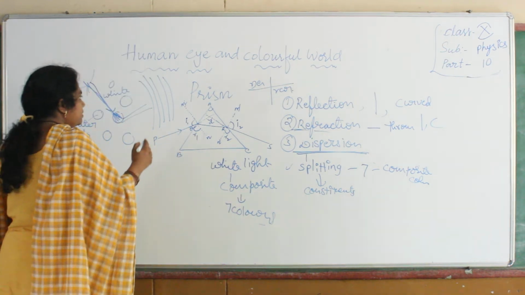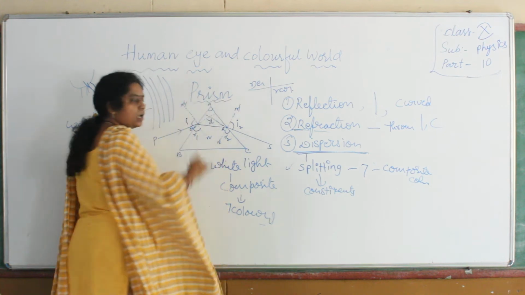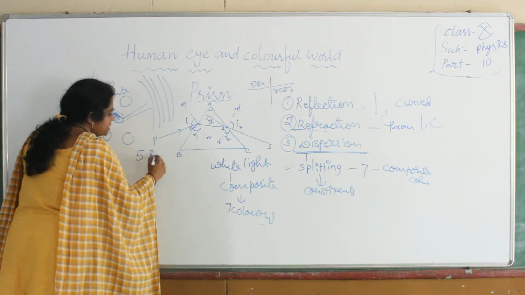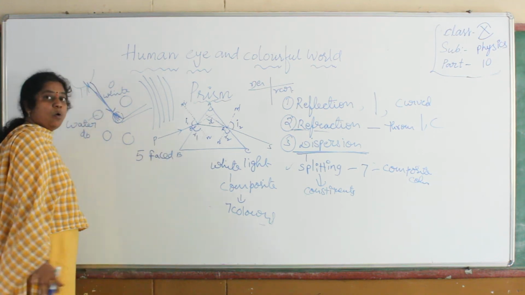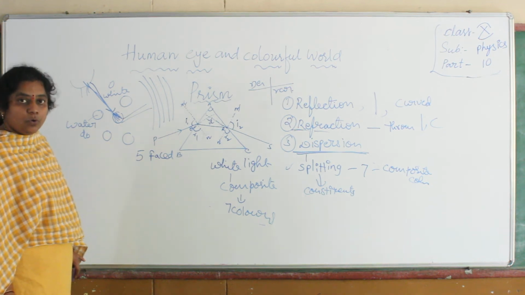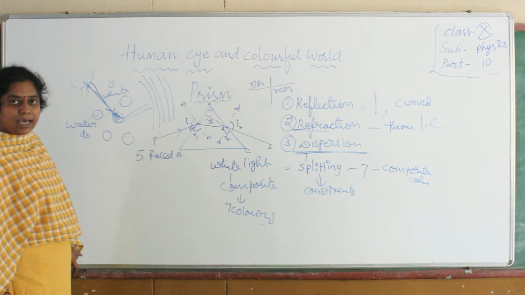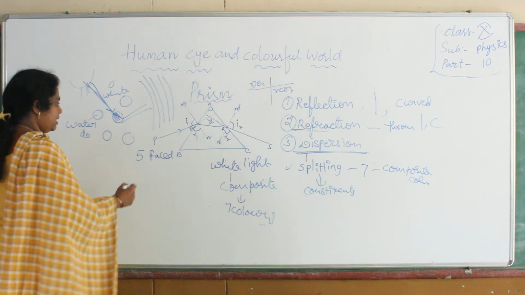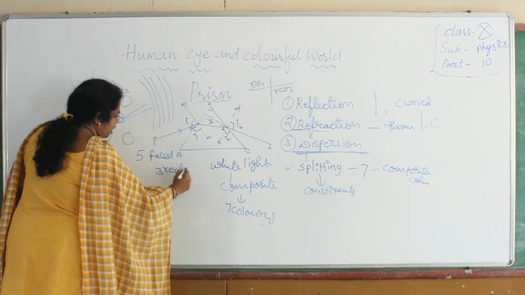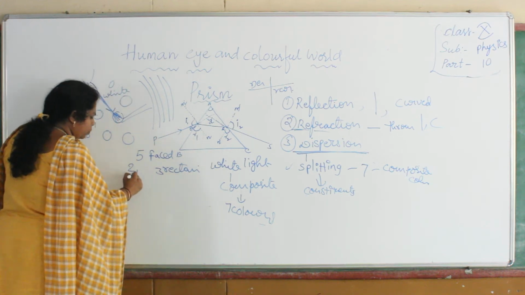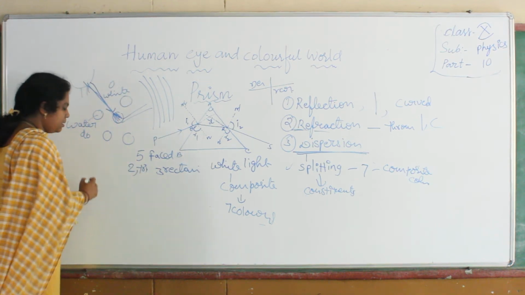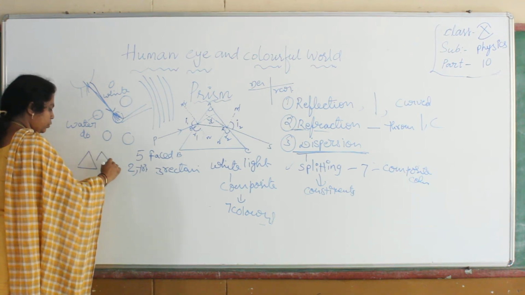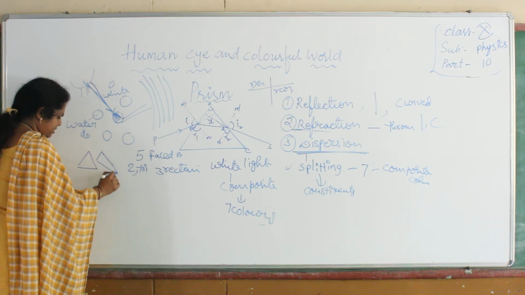Okay. See here, this is called a prism. A prism is a 5-faced body. It has 3 rectangular faces and 2 triangular faces.